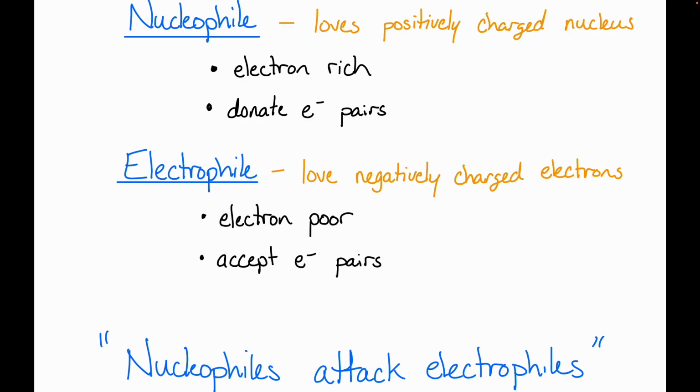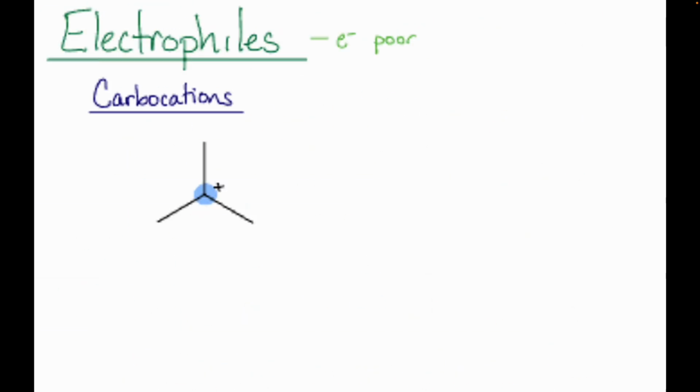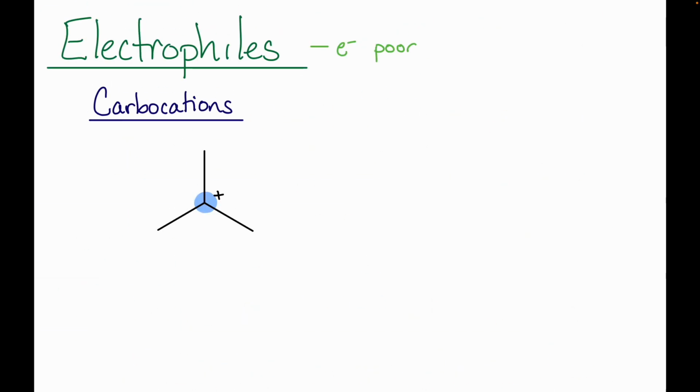And that isn't always the case just because you have a positive charge. Carbocations, though, are an exception. Carbocations can accept electron pairs, and that's because they're that one type of formal charge that has an incomplete octet. So they are very happy to accept a pair of electrons in order to complete the octet of that carbon atom.